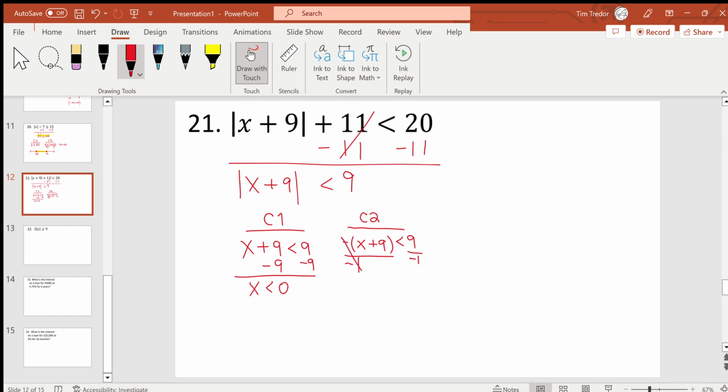So negative divided by negative is a positive. That gets rid of the parentheses. When you divide by a negative, you're going to flip your inequality symbol. I've got negative 9. And now when I subtract 9 on both sides, I'll have x is greater than negative 18.